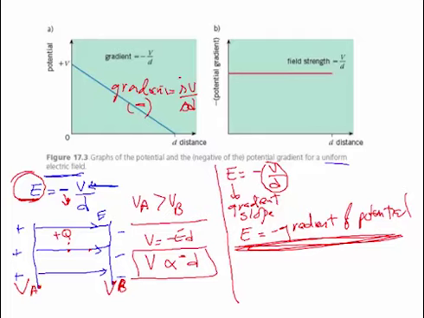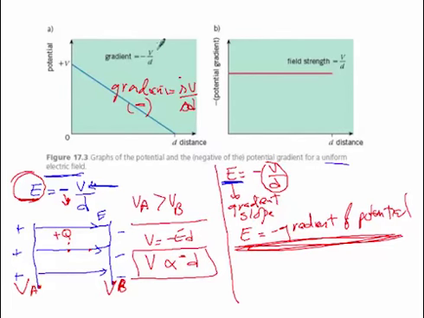Again, going back to E, here we have a constant slope gradient. So our E is constant, and of course it's very clear that we are in a uniform electric field, so E is constant. That means our gradient or the slope also is constant, and it's very clear here.